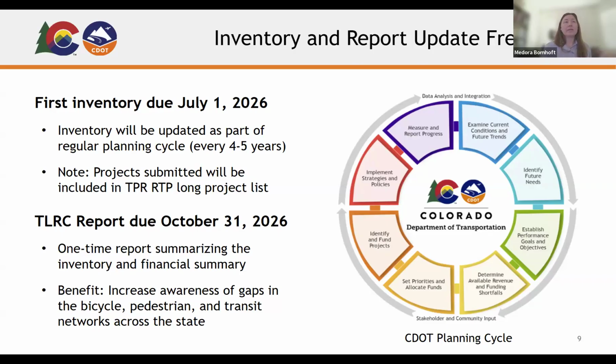The inventory gets pulled into the regular planning cycle for our long-range plans. So at CDOT, every 5 years, we update our statewide transportation plan, and the rural transportation planning regions update their regional transportation plans. And so this inventory will be wrapped into that, and there'll be opportunities to update the inventory and add projects onto it in the future.